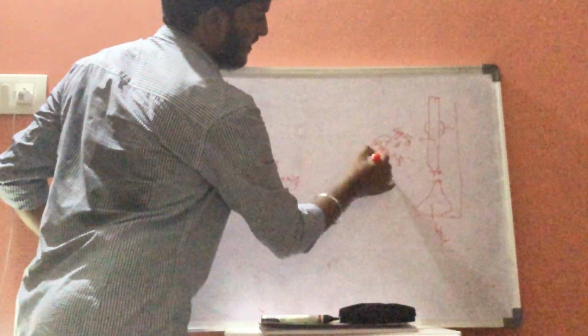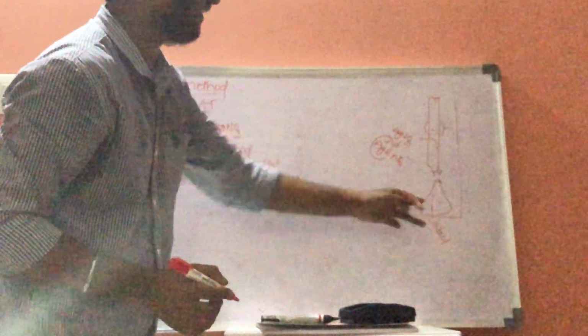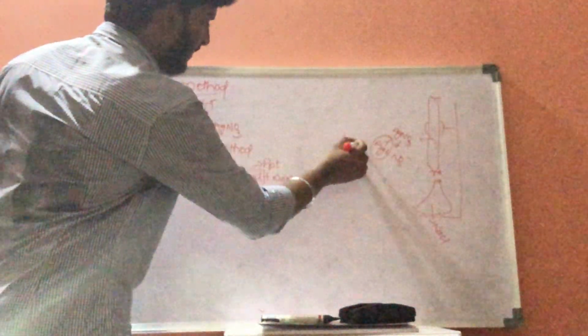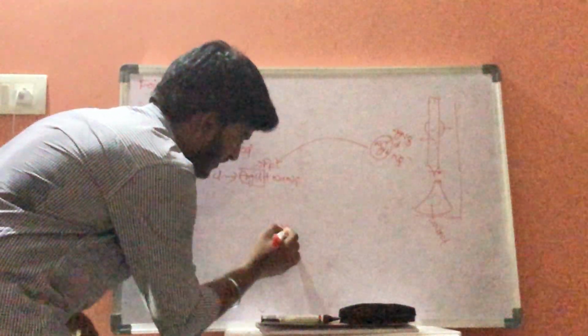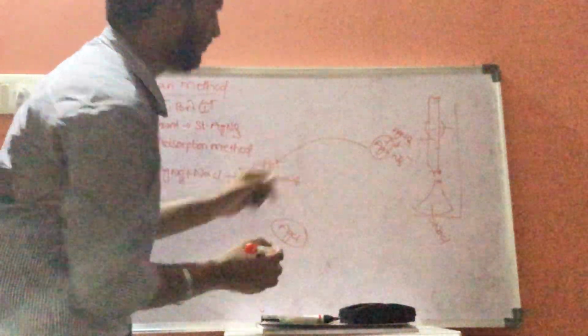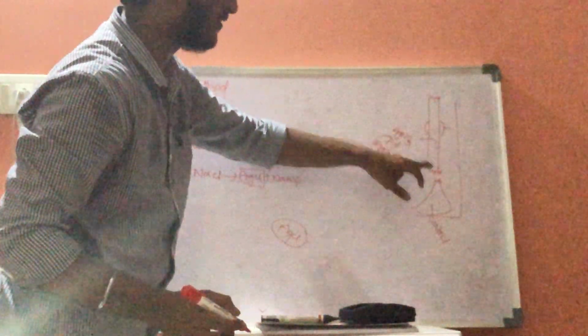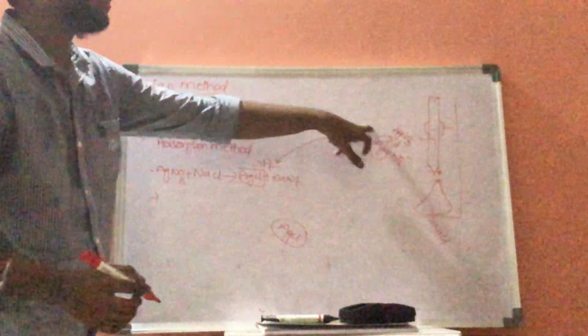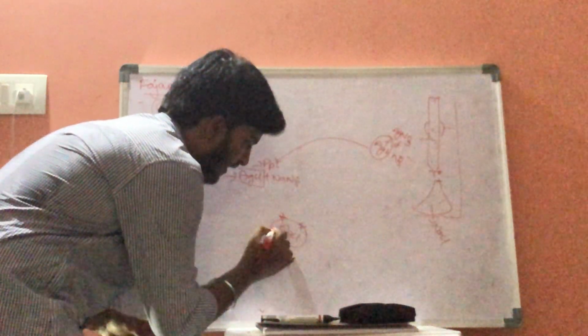The excess AgNO3 will dissociate into Ag+ and NO3-. Now these Ag+ ions present in the conical flask will bind to the outermost surface of the AgCl, accumulating on the surface of AgCl.